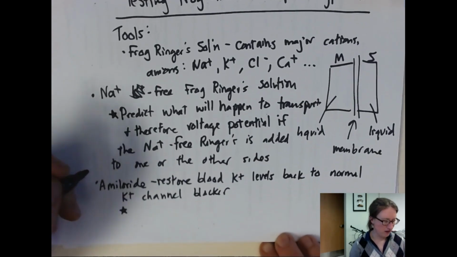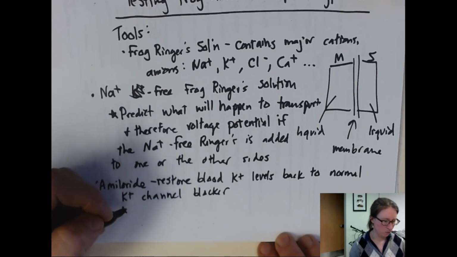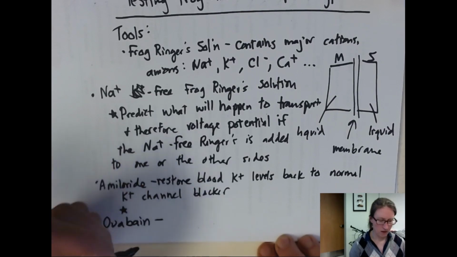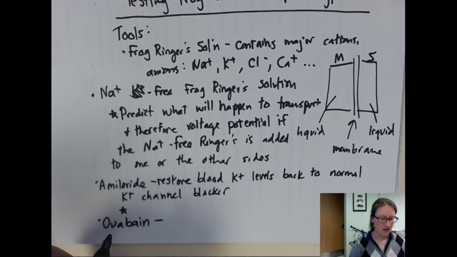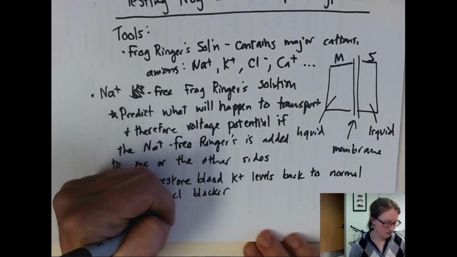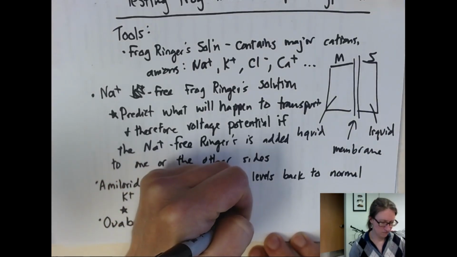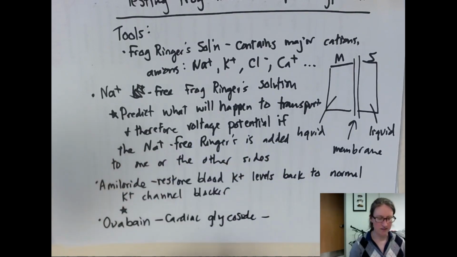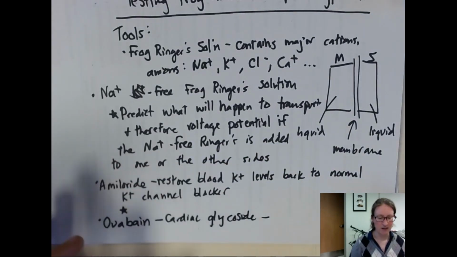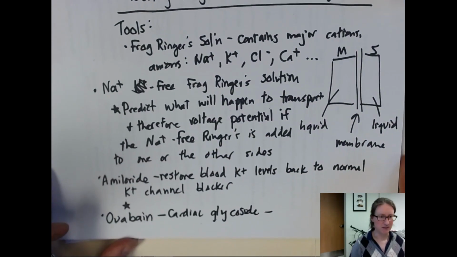And then along with that, we also have some ouabain. And ouabain is a cardiac glycoside. And cardiac glycosides function by inhibiting ATP sodium-potassium pumps.